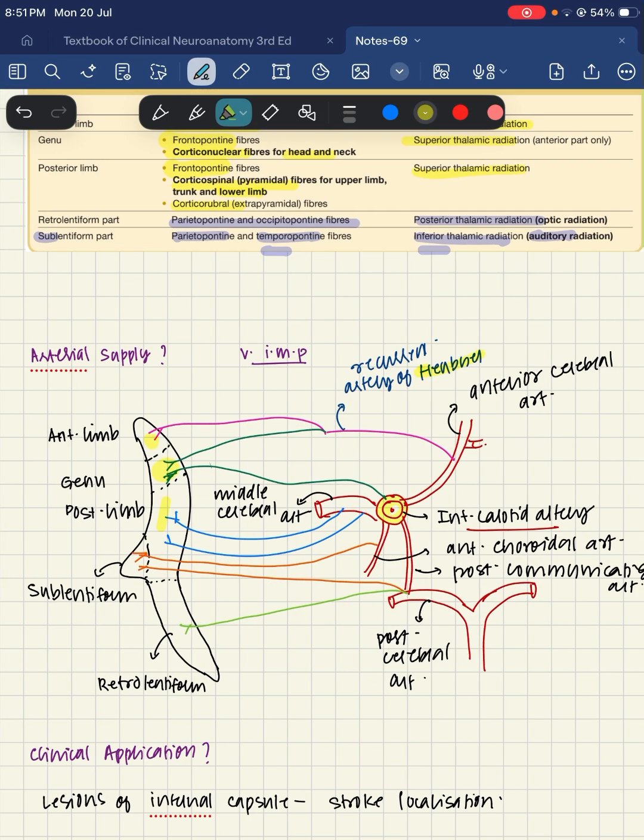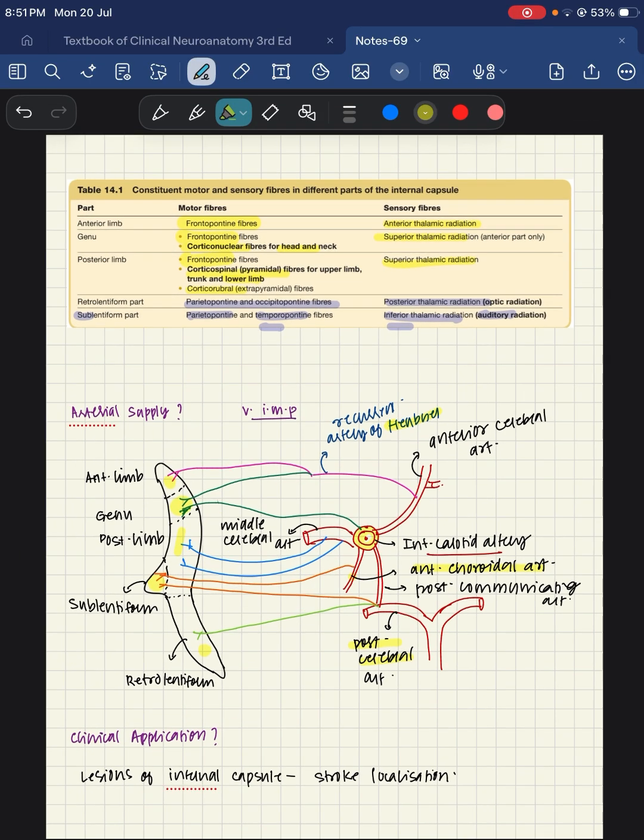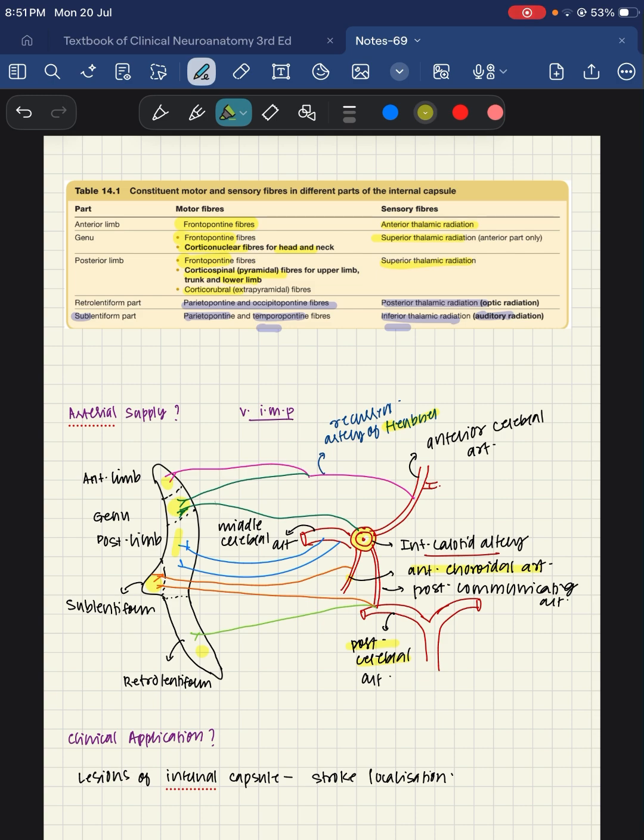Then coming to the sublentiform part, there are arteries arising from two branches. We can see the anterior choroidal artery over here, and there is also the posterior cerebral artery over here. Both of them are supplying the sublentiform part. Some branches from the posterior cerebral are also supplying the retrolentiform part. So that is basically the summary of the arterial supply.